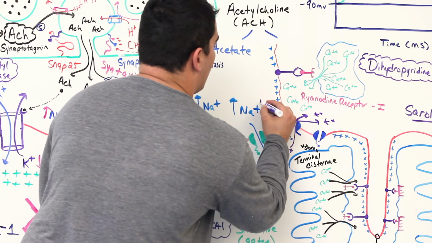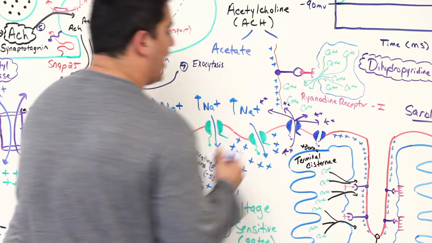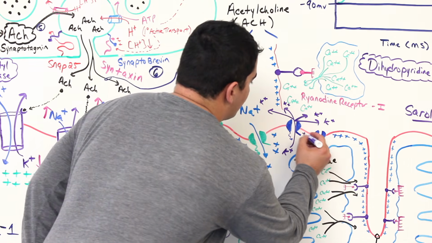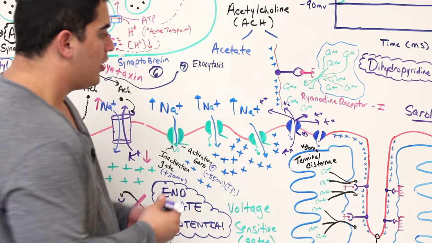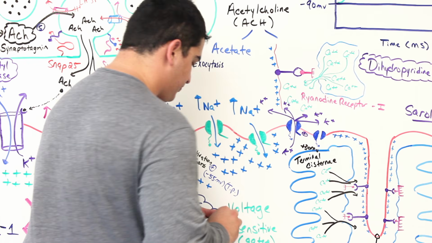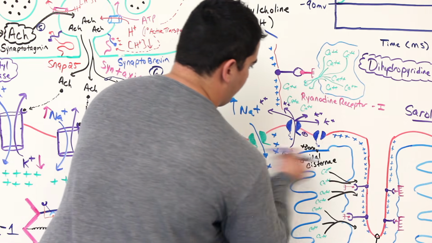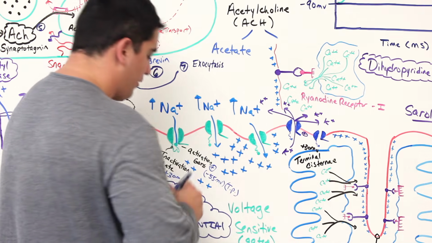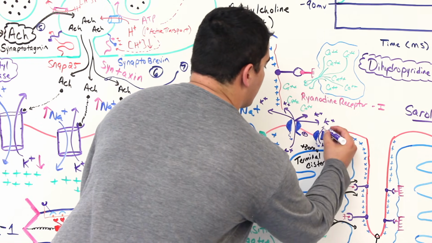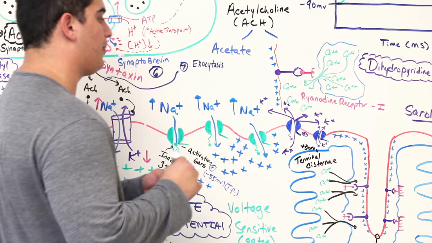If we start pushing tons and tons of potassium out into this area, due to the activation, what am I activating again? I'm stimulating the activation gate. So again, what would happen to this one? When I reach positive 30 millivolts, I would open up this activation gate. When I open up that activation gate, again, what would start happening? Positive ions would start exiting the cell.